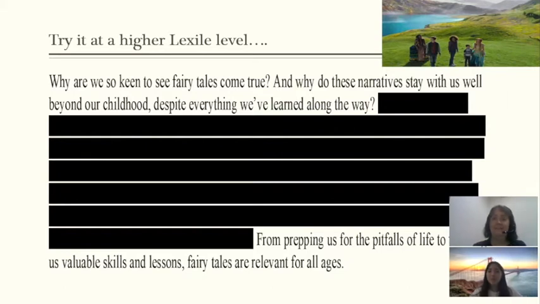Okay, what do you think? Can you get the main idea from only the topic and conclusion sentence? Yeah. Most likely, I'd say that the main idea is fairy tales stay with us beyond our childhood because they prepare us for problems that we could face later on in life in a simple way. Yeah, exactly. Perfect. So this is easy, right?